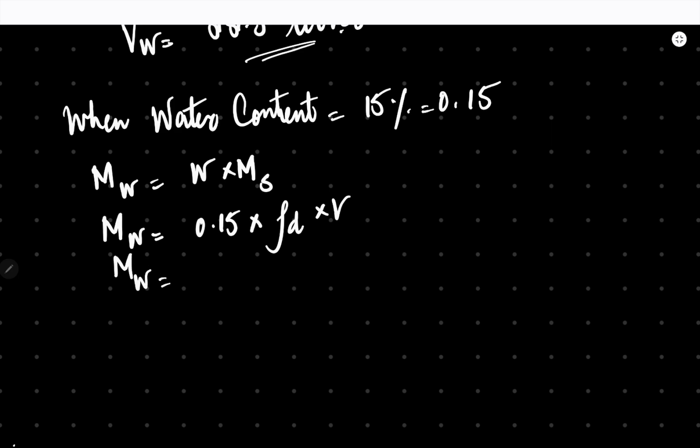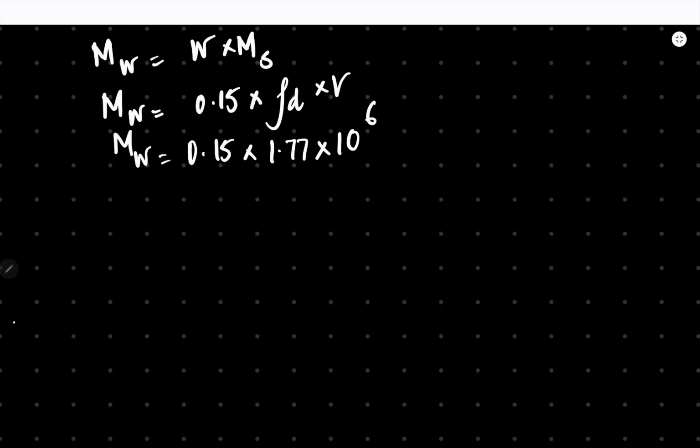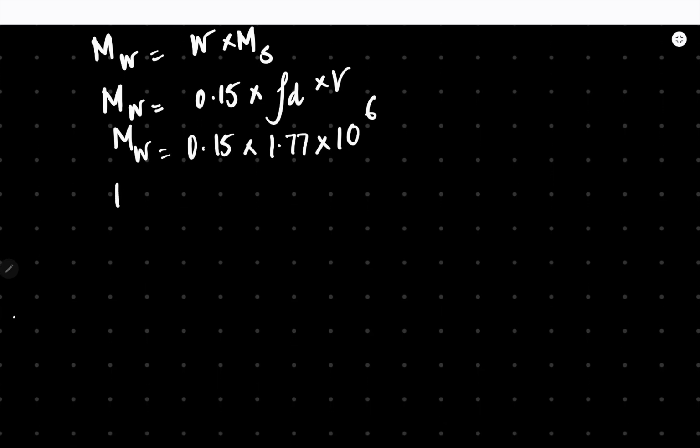So mass of water is 0.15, dry density we have calculated 1.77 gram per cc, volume is 10 raised power 6 centimeter cube. So mass of water by computations becomes 26.55 into 10 raised power 4 grams.